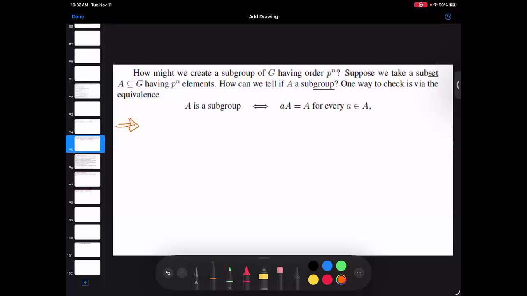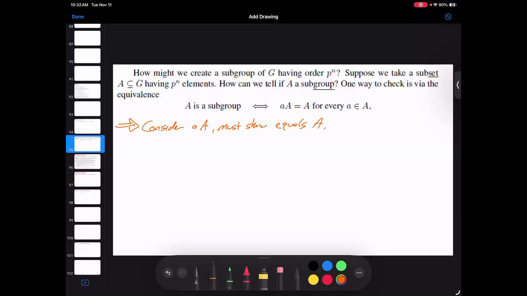So because it's a subgroup, we now want to show that for any little a in A, we must show that a times A equals A. So how do you show it equals A? That means given anything in A, it has to be here.